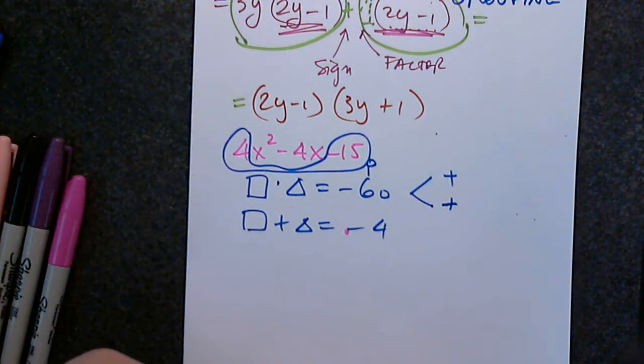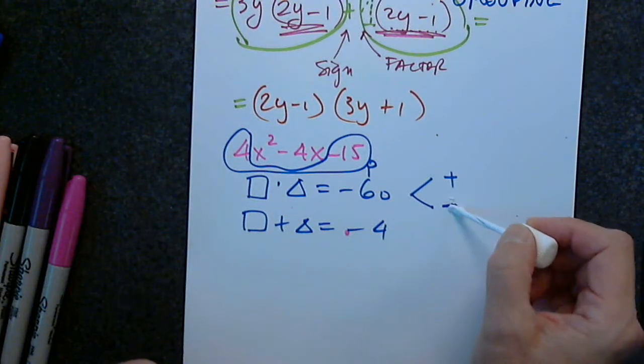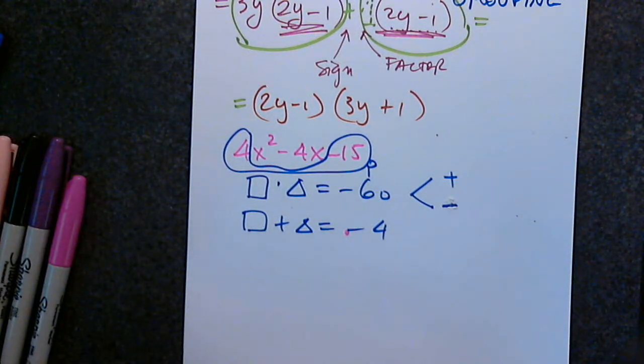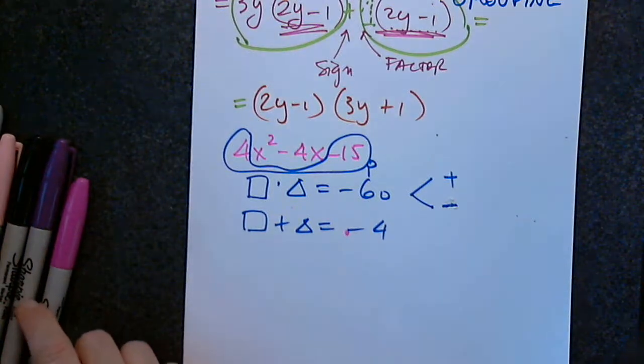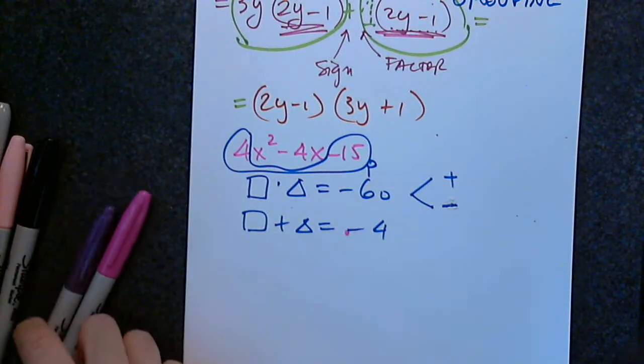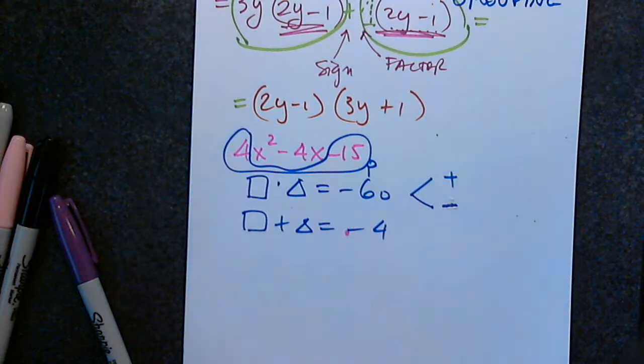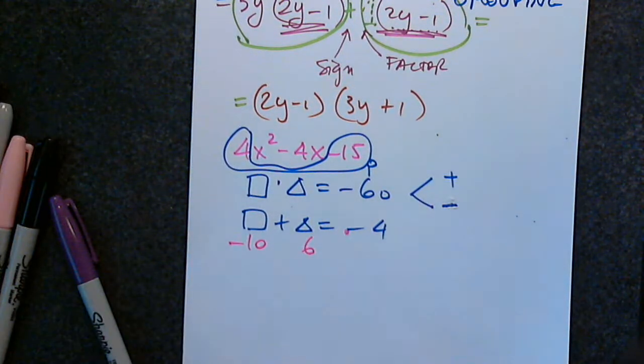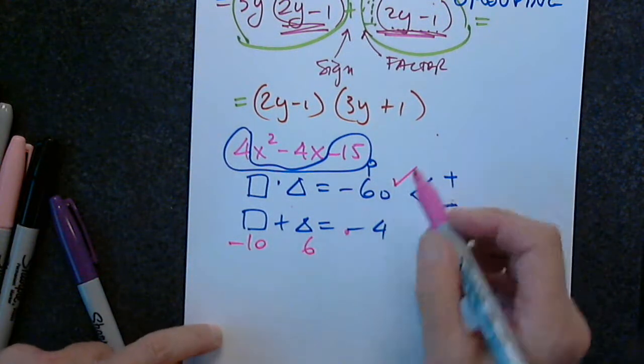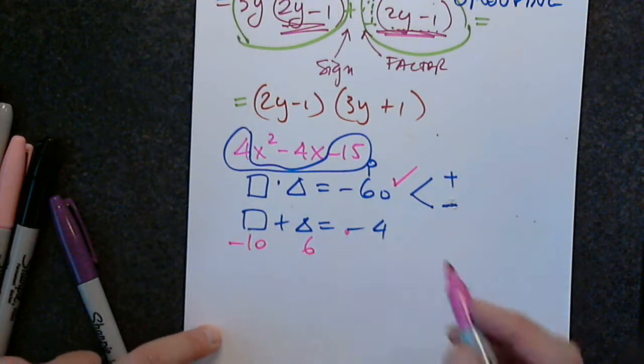So I need two numbers, a positive and a negative, whose product is negative 60 and whose sum would be negative 4. Negative 10 and positive 6. Okay, the product is negative 60? Yes. The sum is negative 4? Yes.